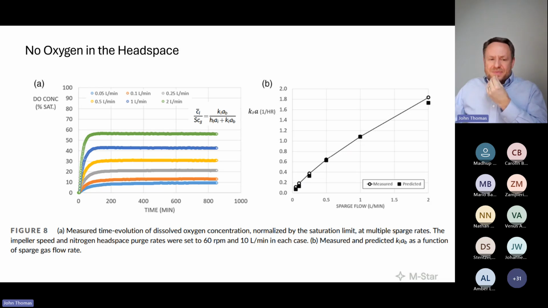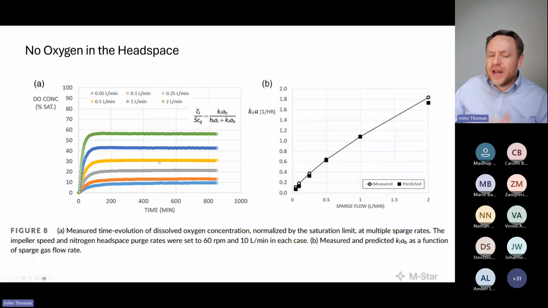But the key point is this: if we have a headspace purge and we have ongoing oxygen sparge, our realized equilibrium concentration will balance the transfer of oxygen from the bubbles into the aqueous phase, as well as the loss of oxygen from the aqueous phase into the headspace. And that will greatly depress our mean DO concentration, okay?